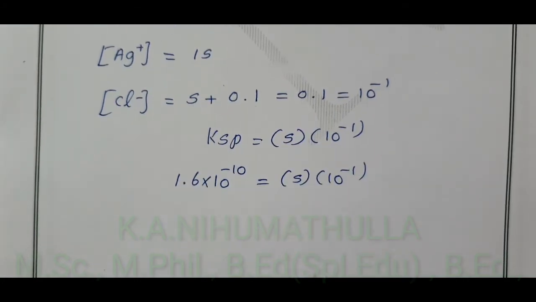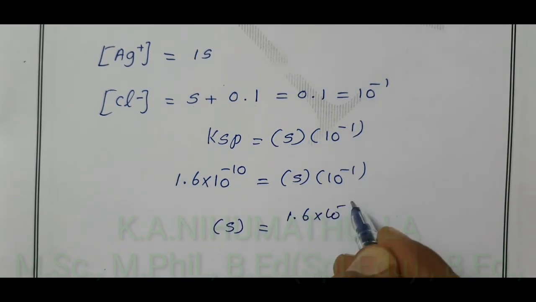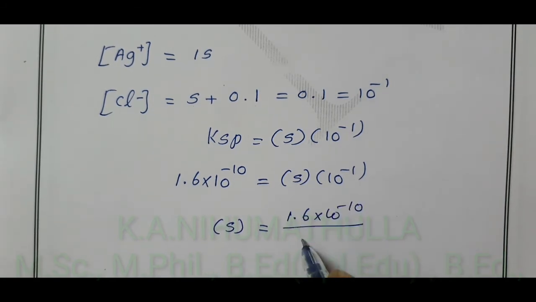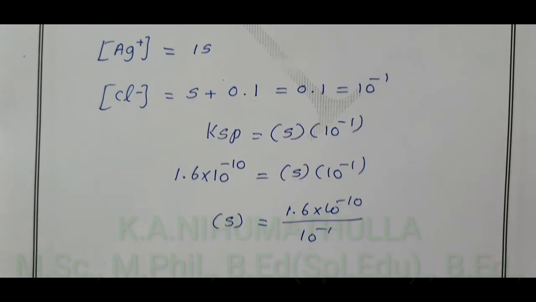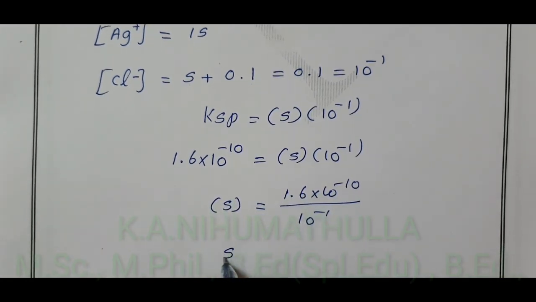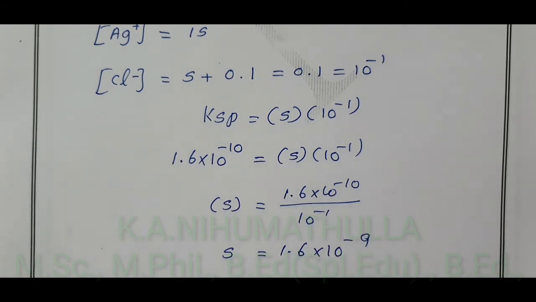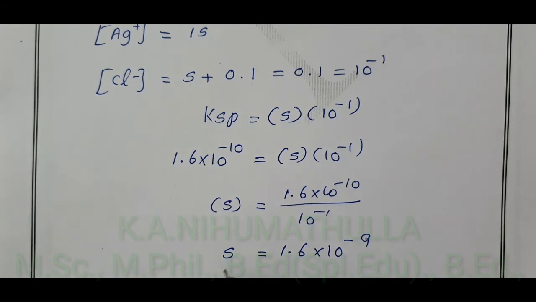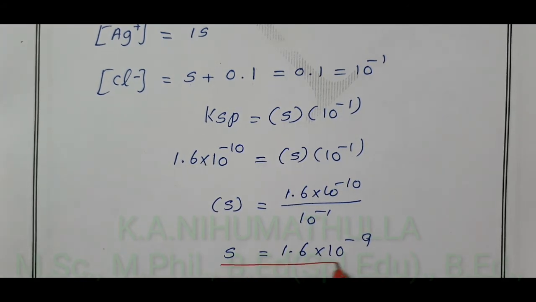Bring 10 power minus 1 to the left hand side, it becomes S equal to 1.6 into 10 power minus 10 divided by 10 power minus 1. 10 power minus 1, 10 power minus 10 get cancelled. So, molar solubility equal to 1.6 into 10 power minus 9. So, this is the molar solubility calculation from solubility product value.